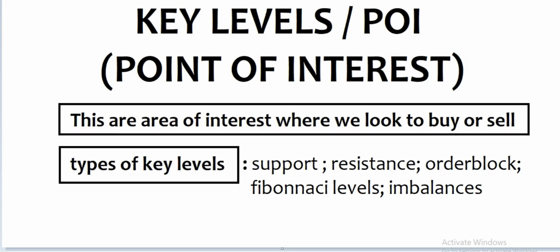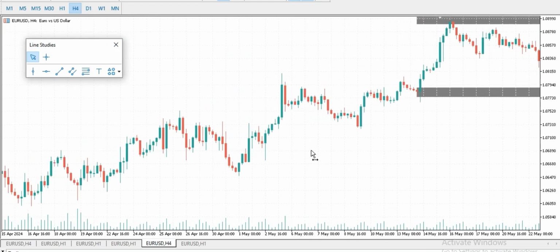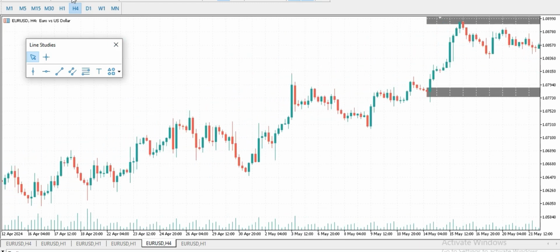Yeah, so we have Fibonacci levels and imbalances. So this is basically what Fibonacci is. Let me bring out a Fibonacci tool. This is my Fibonacci here.